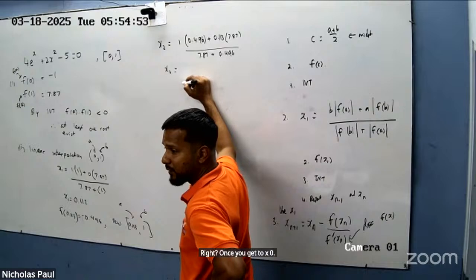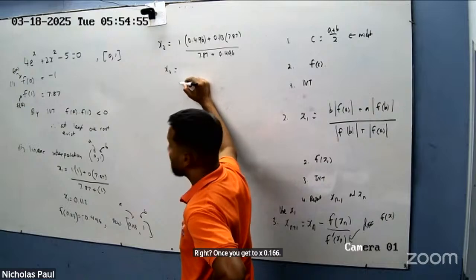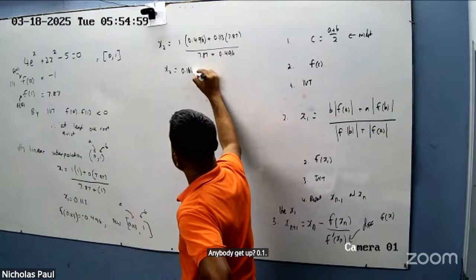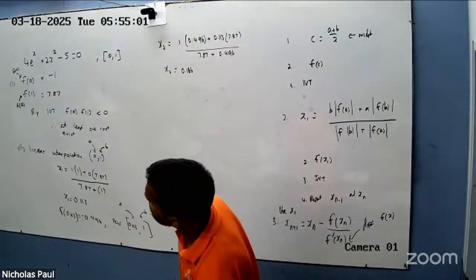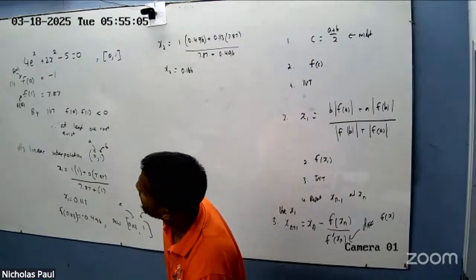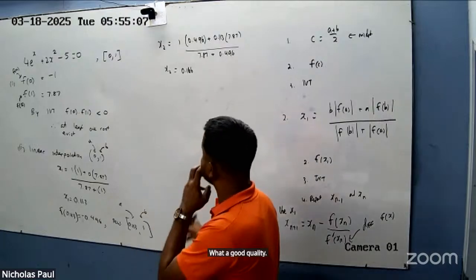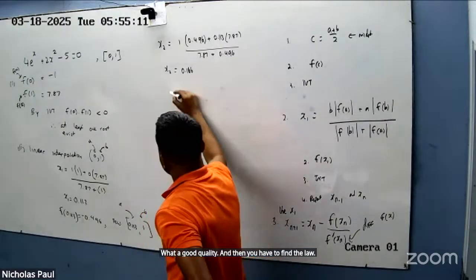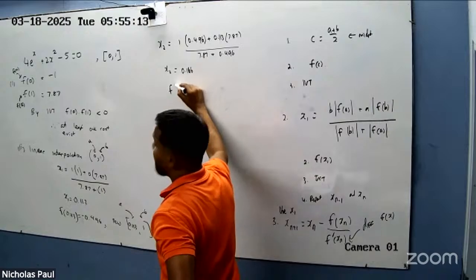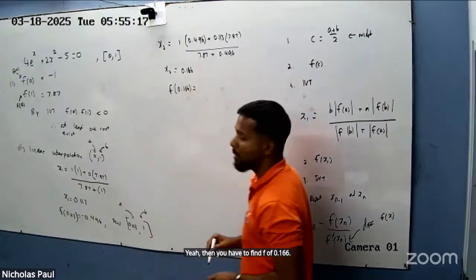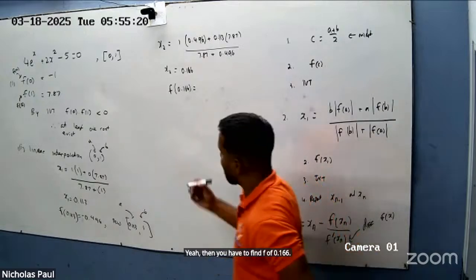0.166. Anybody get that? 0.166. Somebody online get something there. Then you have to find f of 0.166. What's that? Negative again.